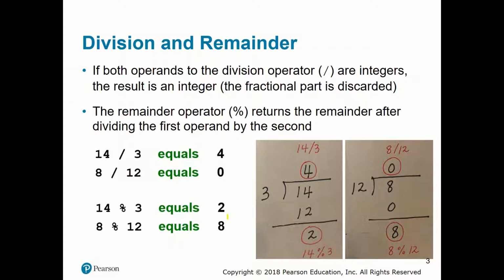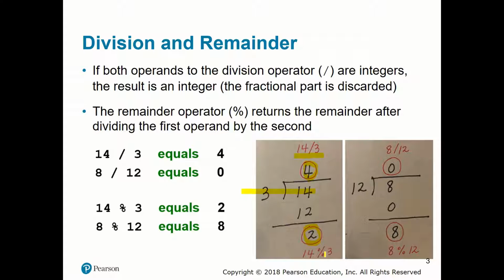It will be easier to understand division and remainder by explaining this way. I think you are familiar with this kind of operation. So if we divide 14 by 3, then 4 is the quotient and 2 is the remainder. So 4 is the result of 14 divided by 3, and 2 is the result of 14 % 3.